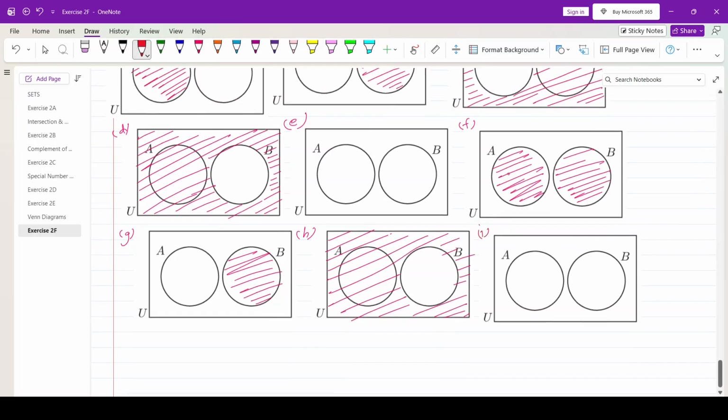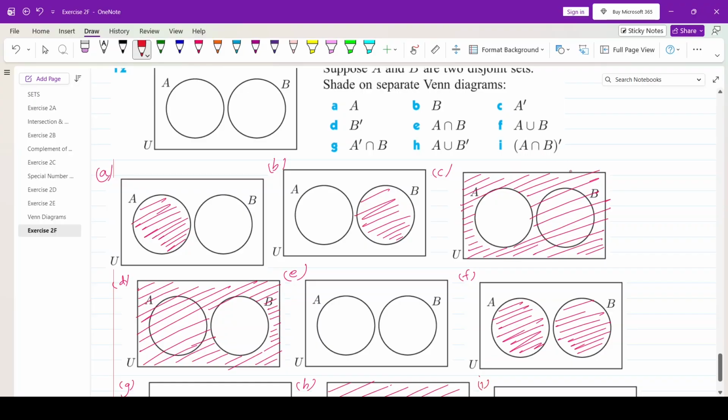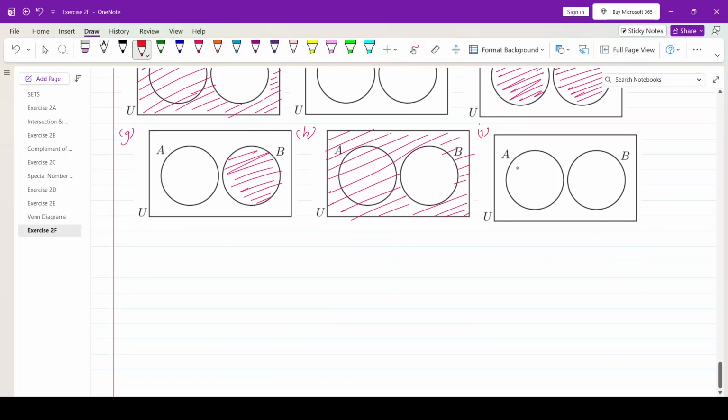Part I says A intersection B whole complement. A intersection B, there is nothing in A intersection B, therefore the complement of it will be everything. Let's move on to the next question.